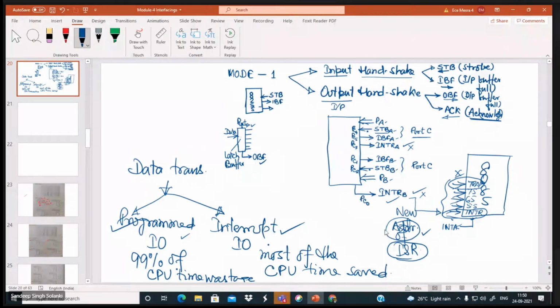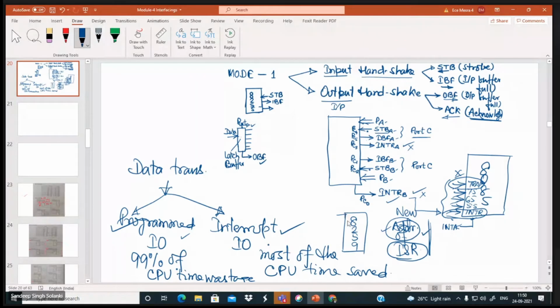So what I am saying is that if you think of using INTR, this is the new problem you are going to face, because here you do not have any provision through which you can send the address. But there is a chip again, called 8259, the interrupt controller.